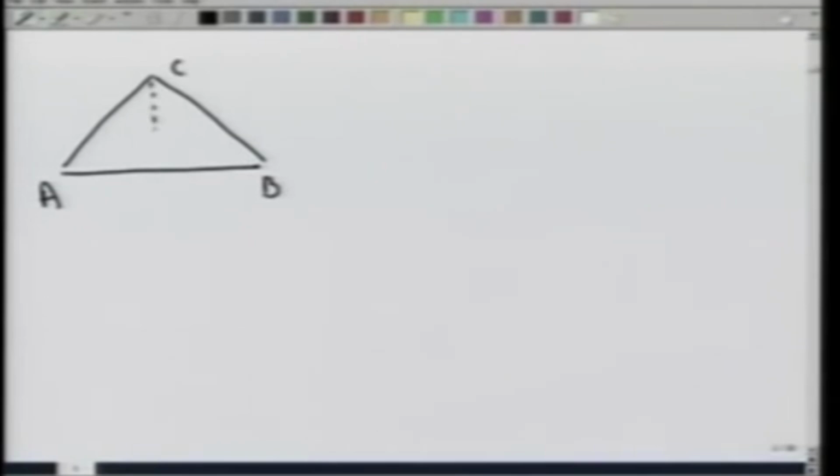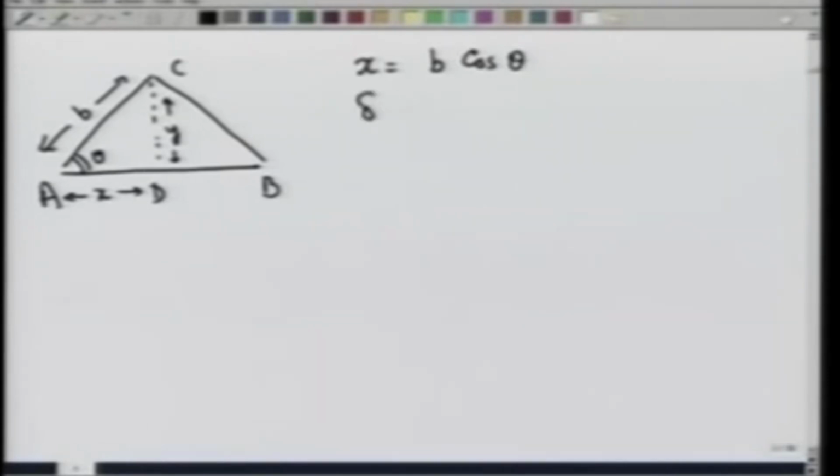So, in this triangle A, B, C and D, let us call this distance x and this distance y. This angle is theta. Let us call this hypotenuse AC to be B. Then you can see that x equals B cosine theta. Therefore, delta x is going to be B sine theta delta theta.